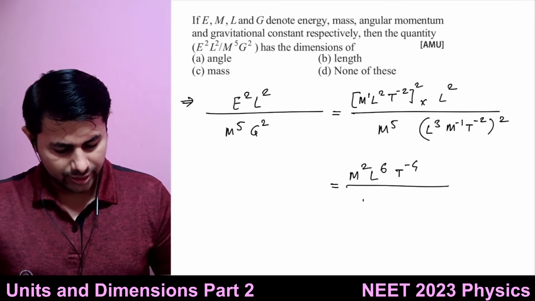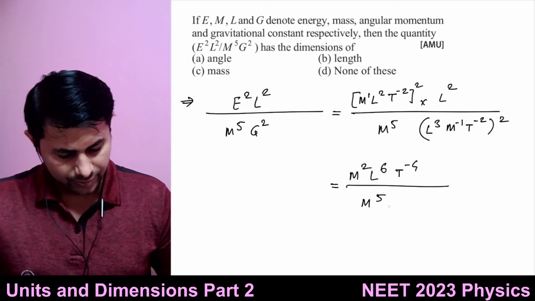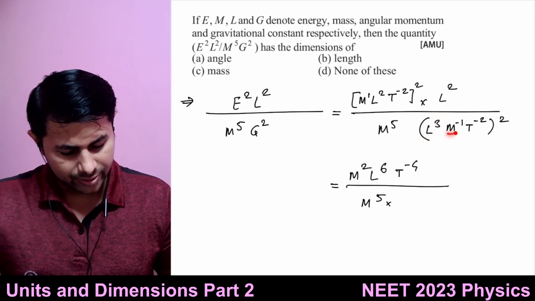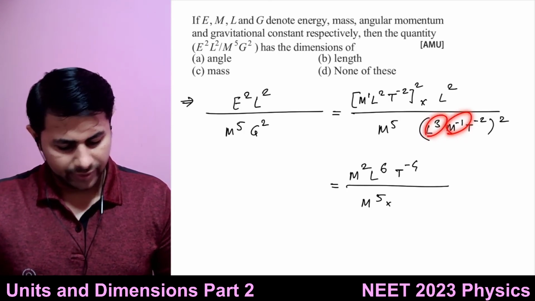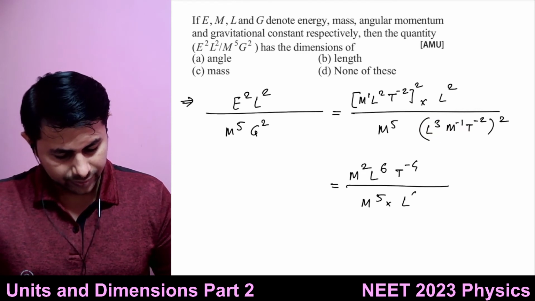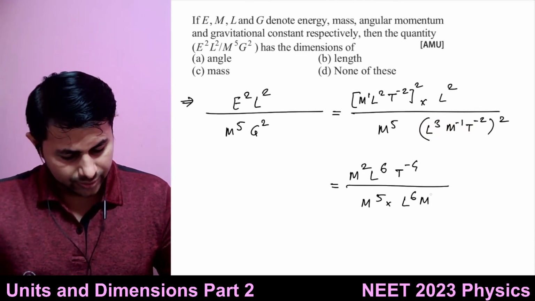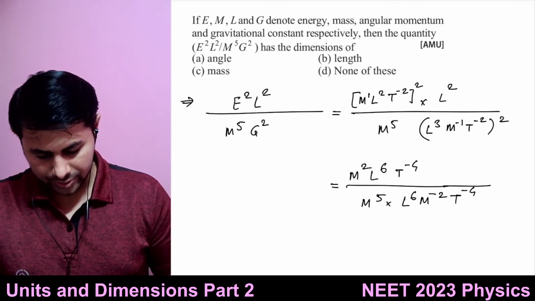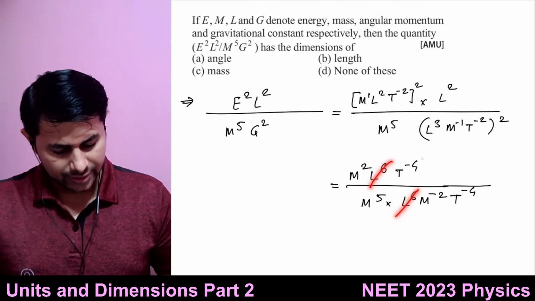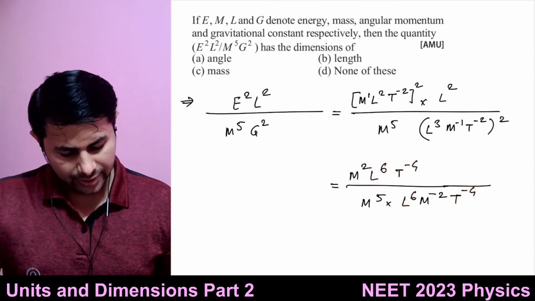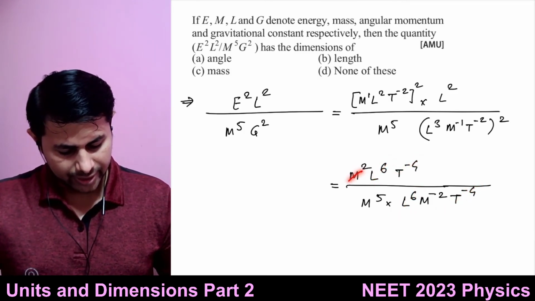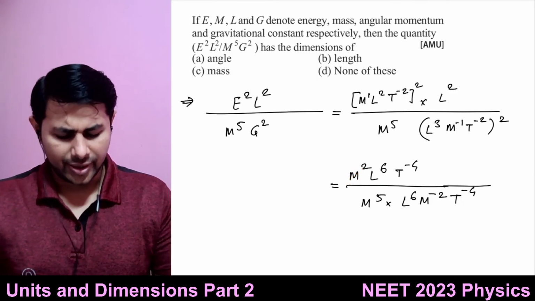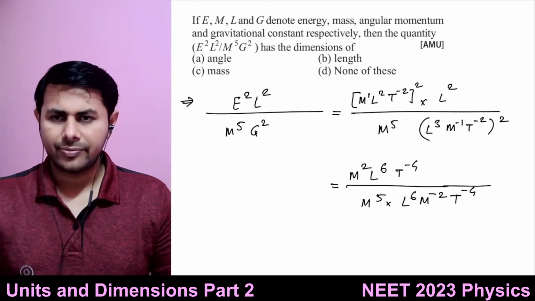And in the denominator we have M raised to 5 multiplied by L raised to 3 square, which is L raised to 6, M raised to minus 2, T raised to minus 4. So L gets cancelled, T gets cancelled, and it is m raised to 2 upon m raised to 3. So 1 upon mass. None of these is the answer, right?